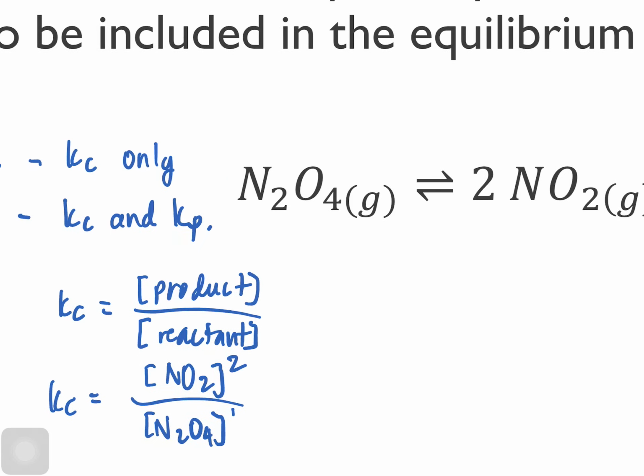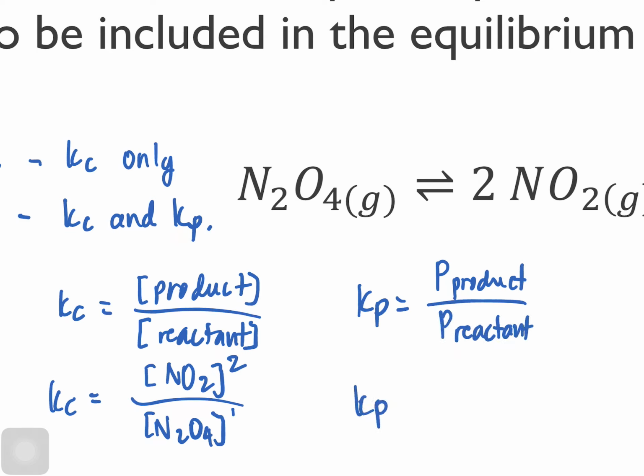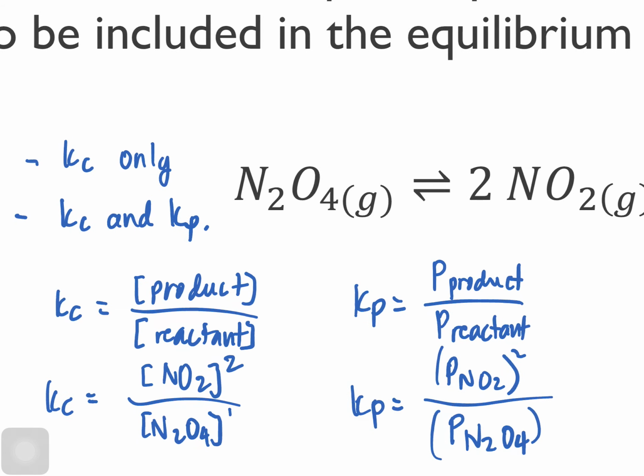How about the Kp? For Kp, that is the pressure of product over the pressure of reactant. So Kp is equal to the pressure of NO2 raised to 2 over the pressure of N2O4 raised to 1. You may not write that.